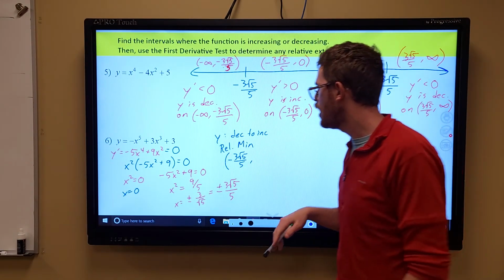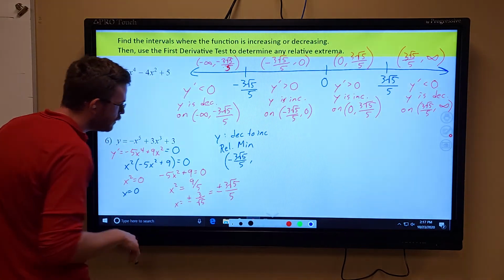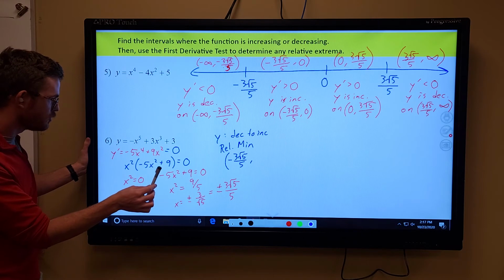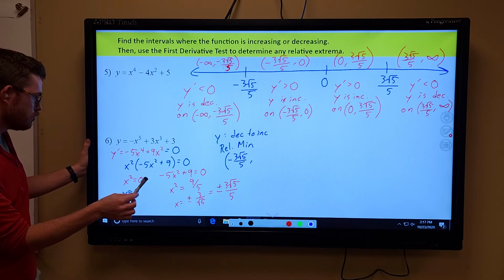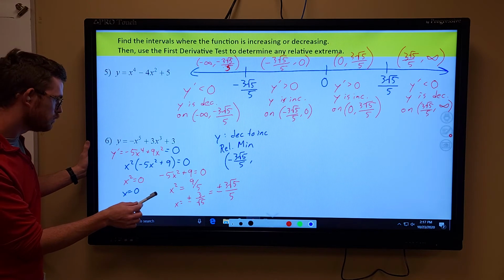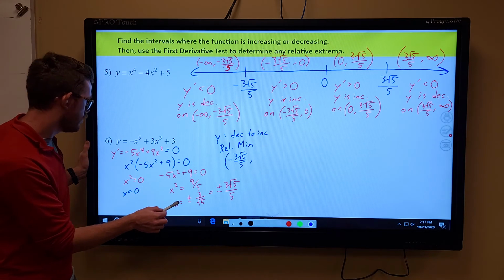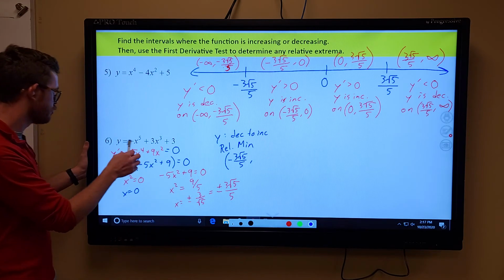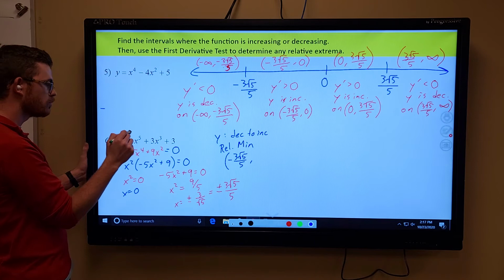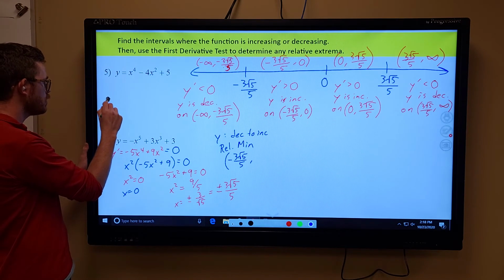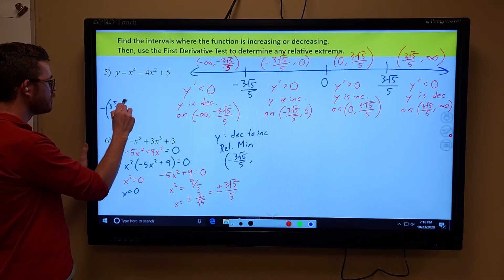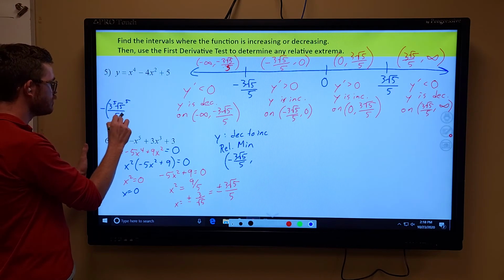This one will be extra enjoyable to plug in. So let's be careful right here. All right, well, let's just plug it in. We've got negative 3 root 5 to the 5th over 5 to the 5th.